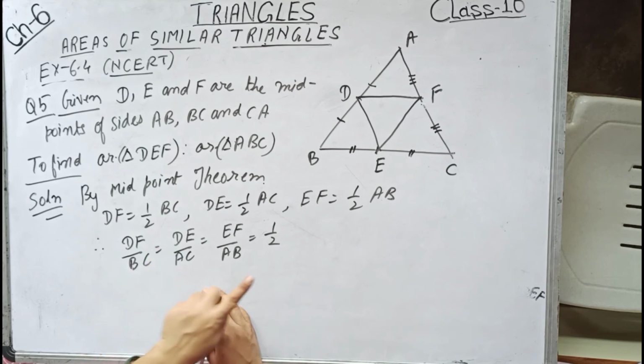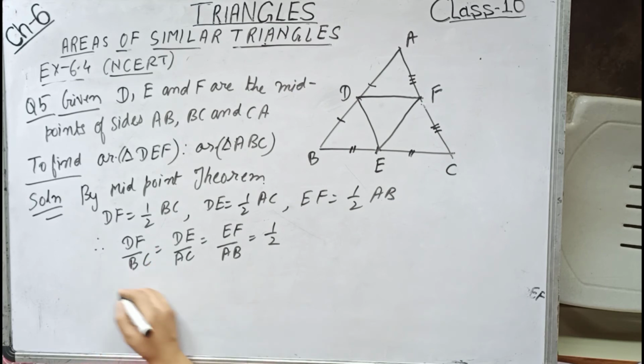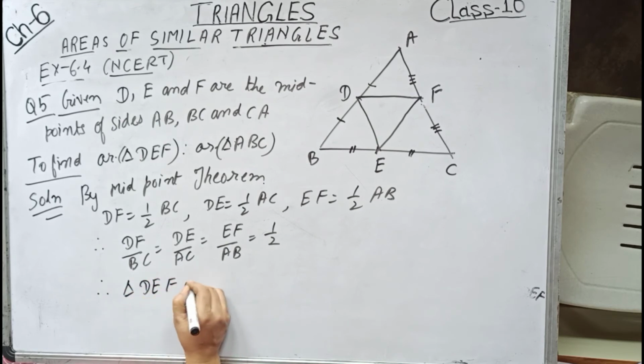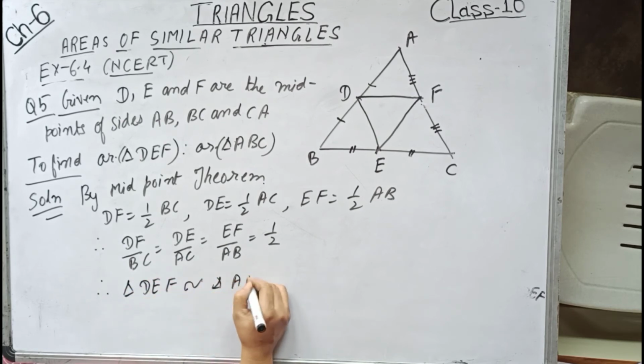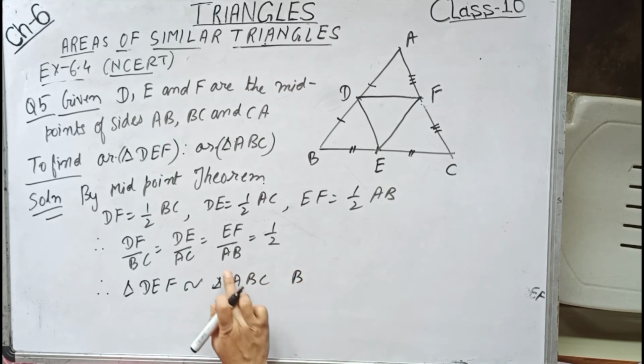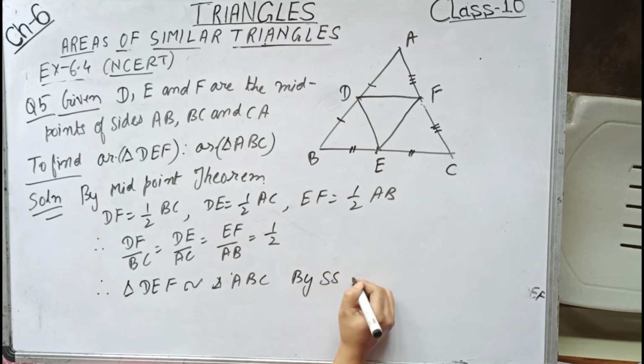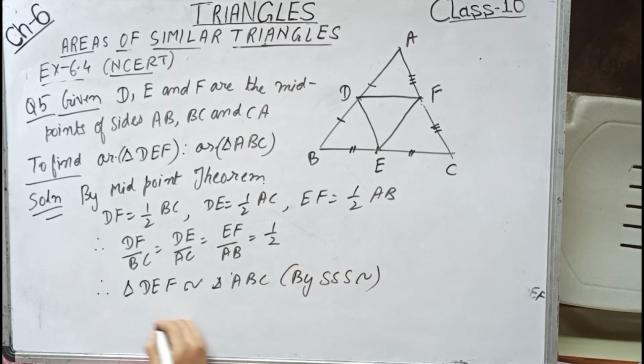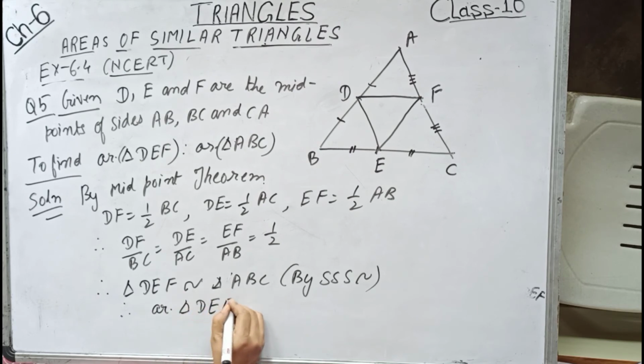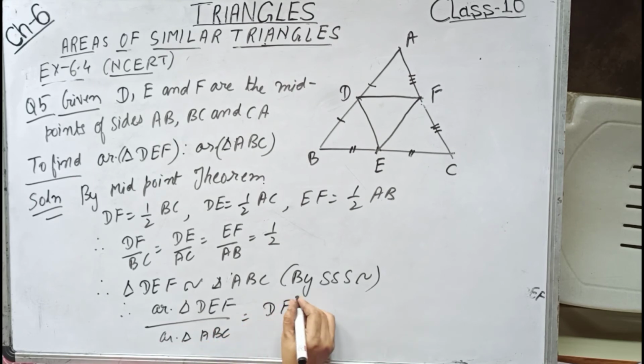So the ratio of their corresponding sides are equal. Therefore, triangle DEF is similar to triangle ABC by triple S similarity. Therefore, area triangle DEF by area triangle ABC equals DF square by BC square.